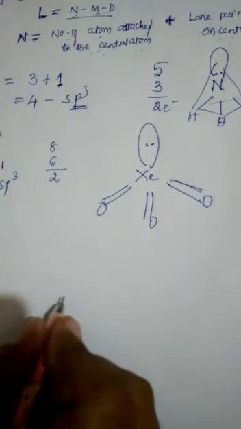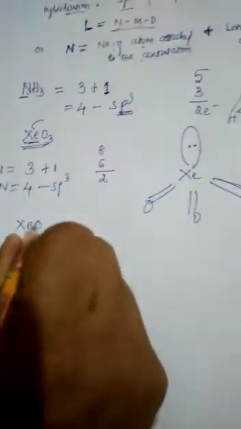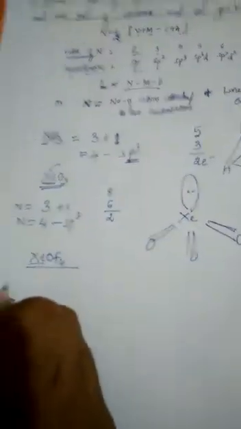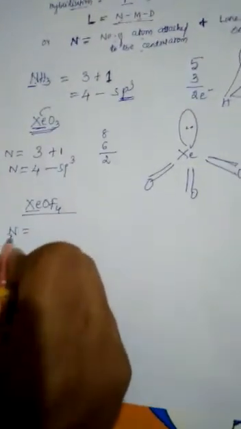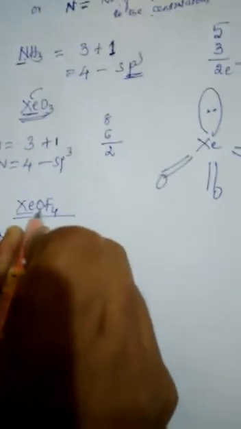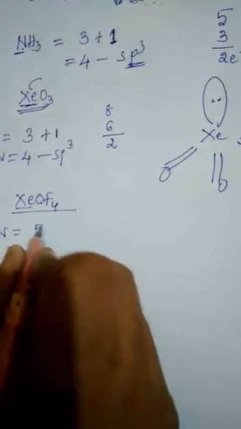In the same way, I will go for one more molecule, xenon oxytetrafluoride. Which is the central atom again? Xenon. Now to find the value of n, first see the number of atoms attached to the central atom. One is oxygen, the other four are fluorine. 4 plus 1 makes 5.